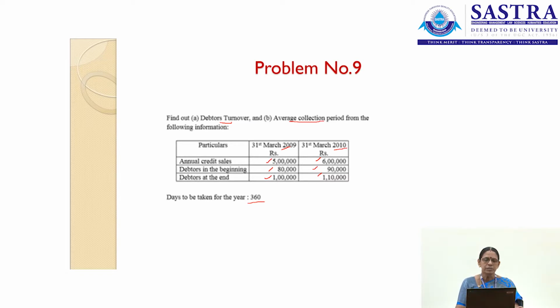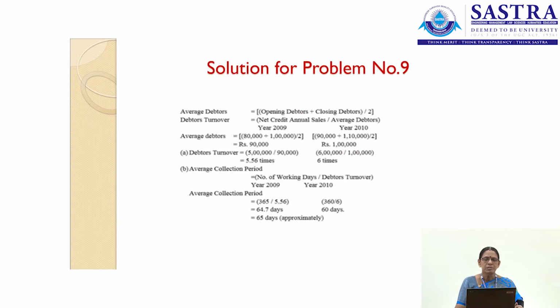Now what is your debtors turnover ratio? We have the credit sales and we have the debtors in the beginning and at the end. So we have to calculate the average debtors first and then apply it in the formula. Average debtors is opening debtors plus closing debtors divided by 2. Debtors turnover ratio is net credit sales divided by average debtors.